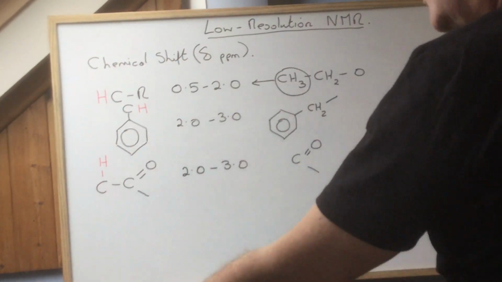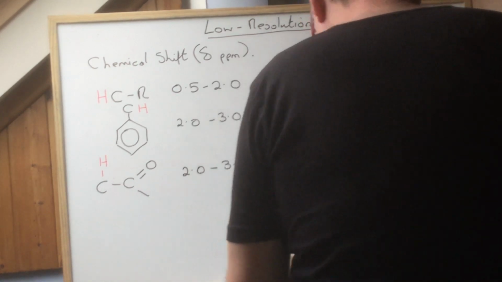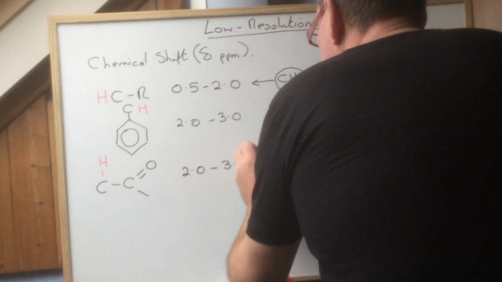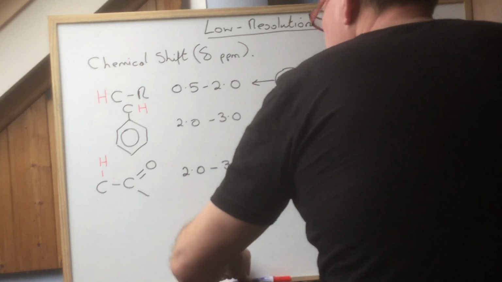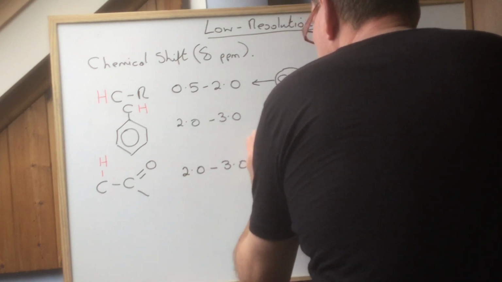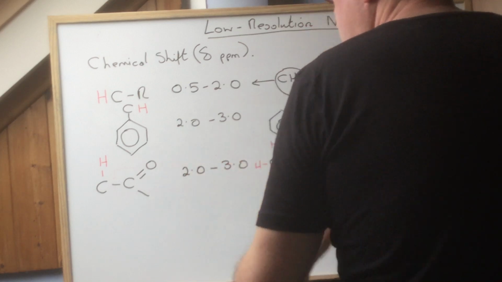Look at things that are adjacent. You'll see what I mean later. So, looking at that, there's all sorts of possibilities. Anything attached to that C there will have a chemical shift in that environment. So maybe we'll have a methyl group there. They will have a chemical shift in that environment.